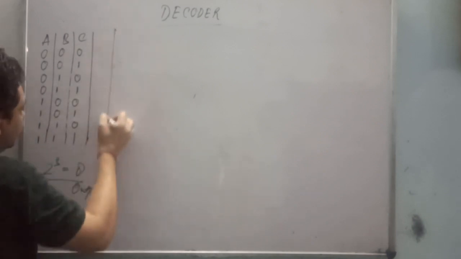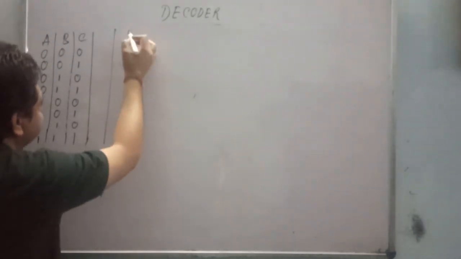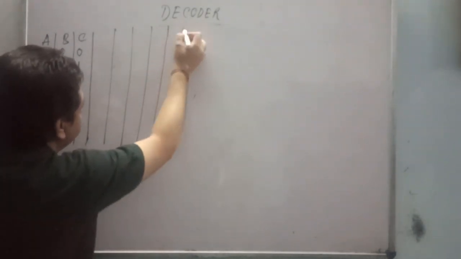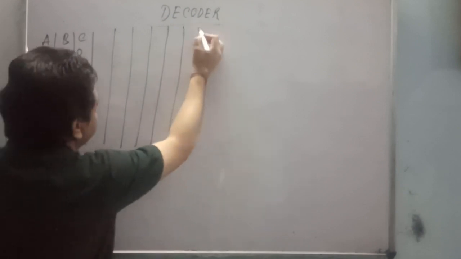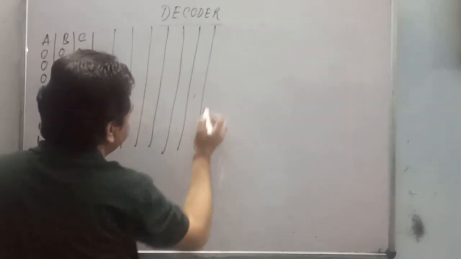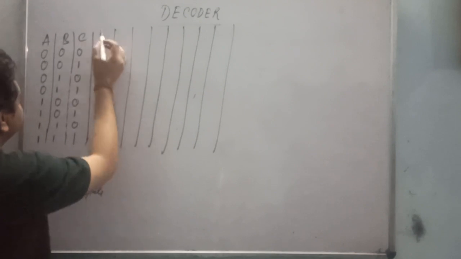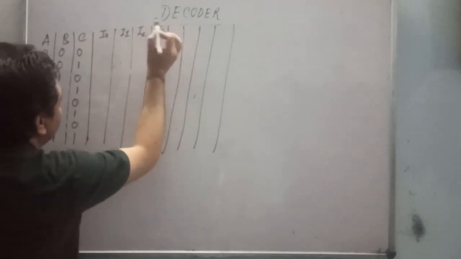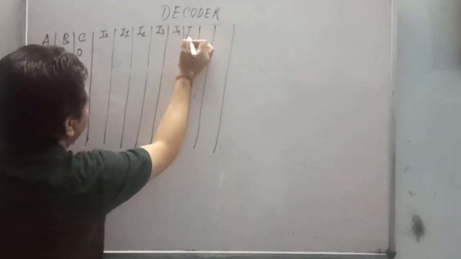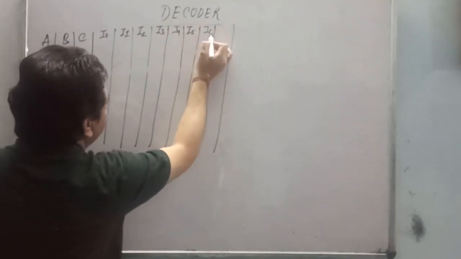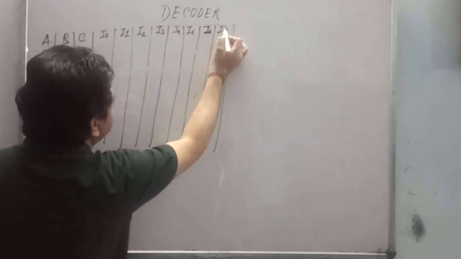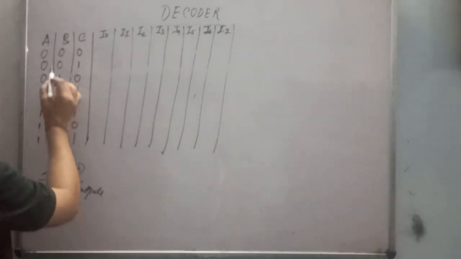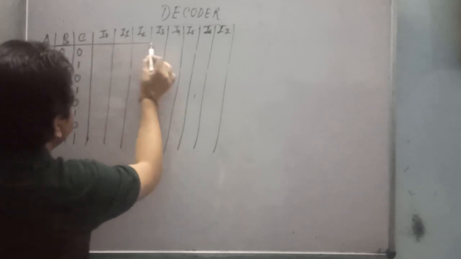So, for the outputs, we have to draw the 8 lines. 2 columns, 3 columns, 4, 5, 6, 7 and 8. So this is I0, I1, I2, I3, I4, I5, I6 and I7.